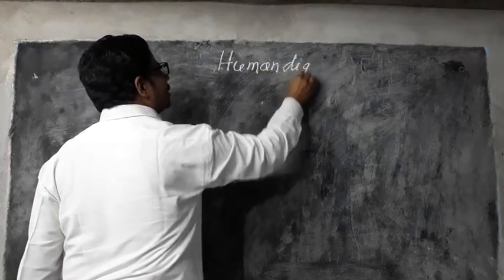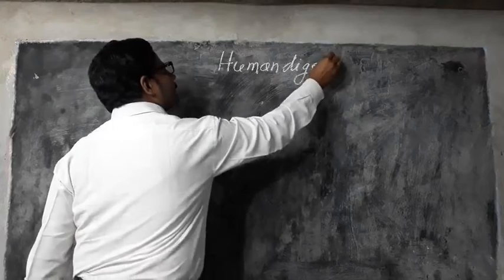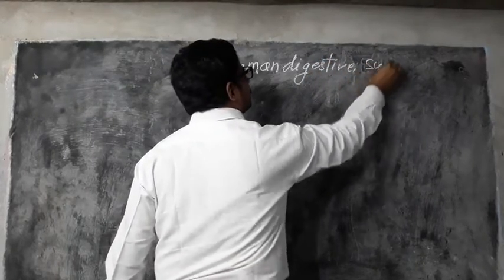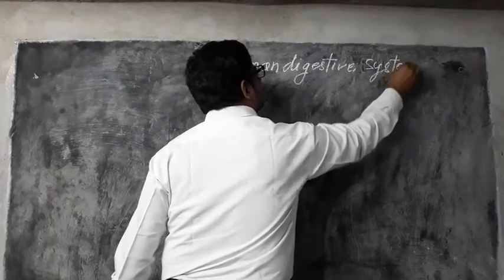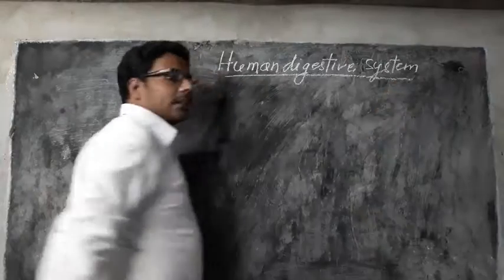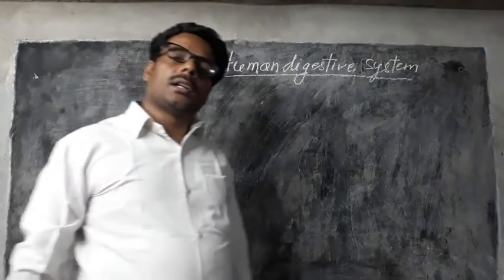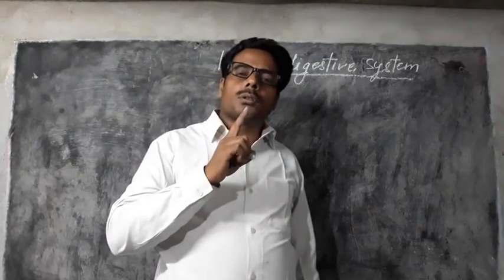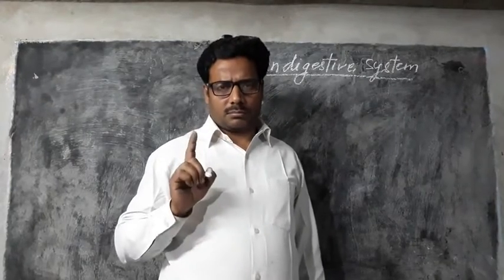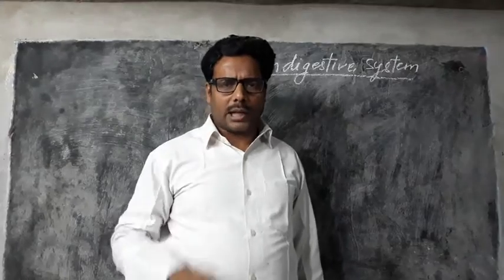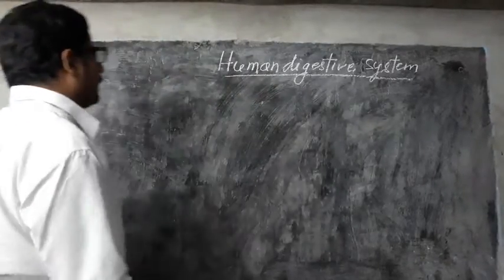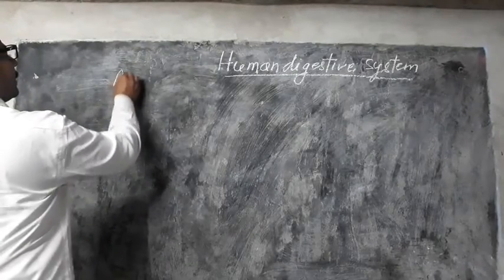The human digestive system consists of the canal from the mouth to the anus. It is also called the alimentary canal.